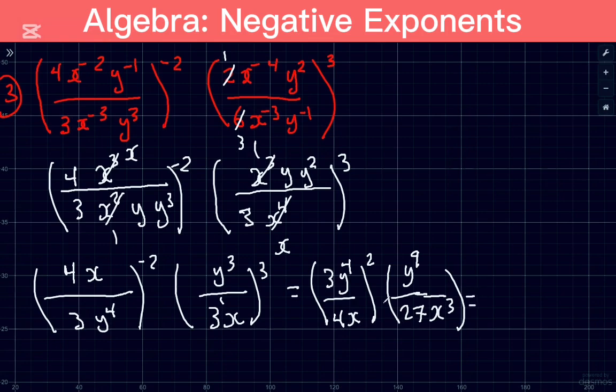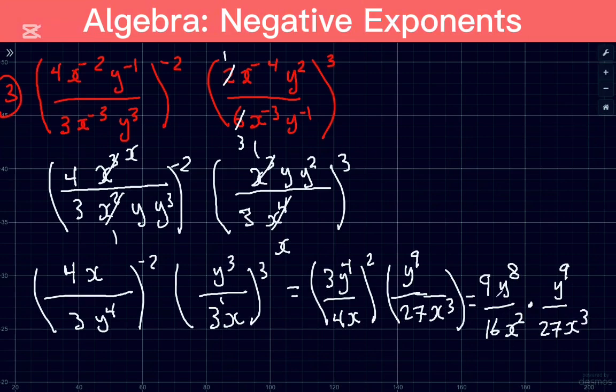Which gives me, so 3 squared is 9, y to the 8, all over 4 squared is 16, x squared, times y to the 9 over 27 x cubed.